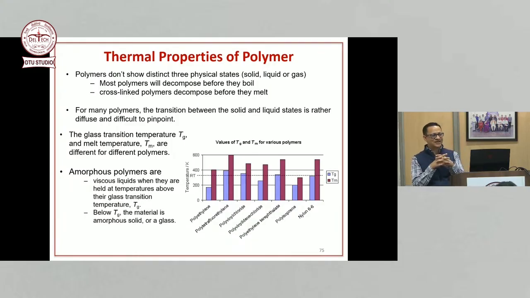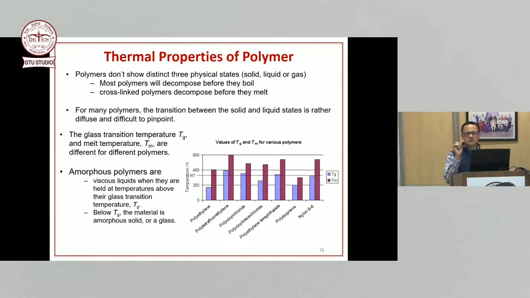Once they are set in a shape, or let's say you made a film or a catheter with that thermoset polymer, it's now set. You cannot melt it in a solvent or something. Whereas with thermoplastic polymers, you can dissolve them in a solvent and reform them in a new shape.